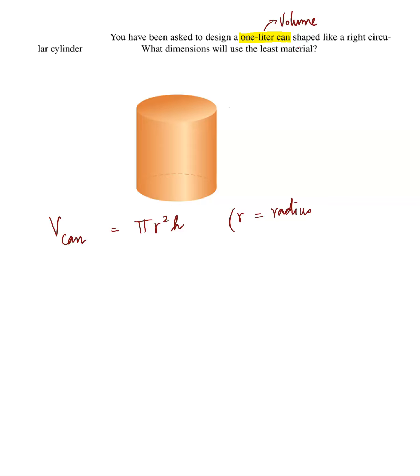I'm going to consider the radius in centimeters, because we need to convert this to liters. 1 liter is 1000 cubic centimeters. If we measure in centimeters, then the square and this h give us the cube, so 1000 centimeters cubed will be 1 liter.